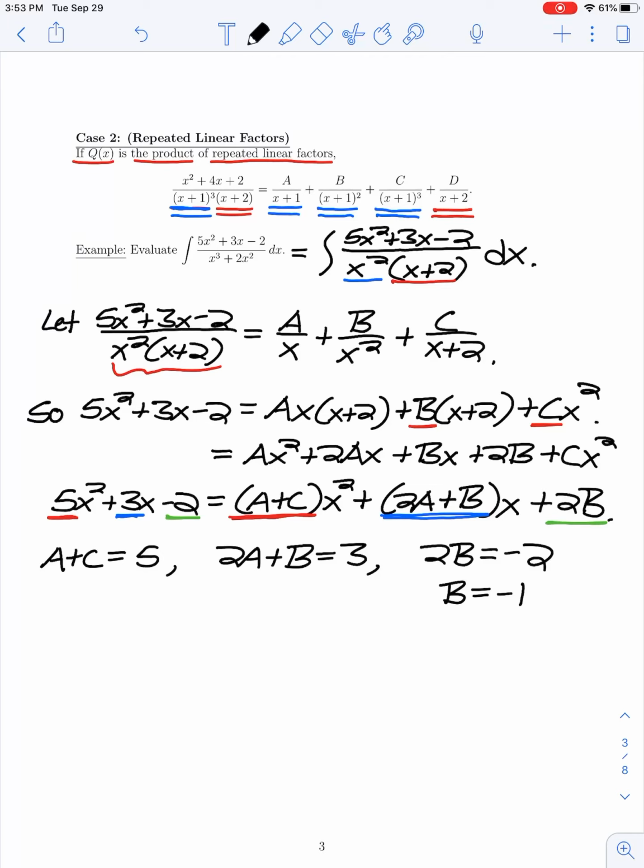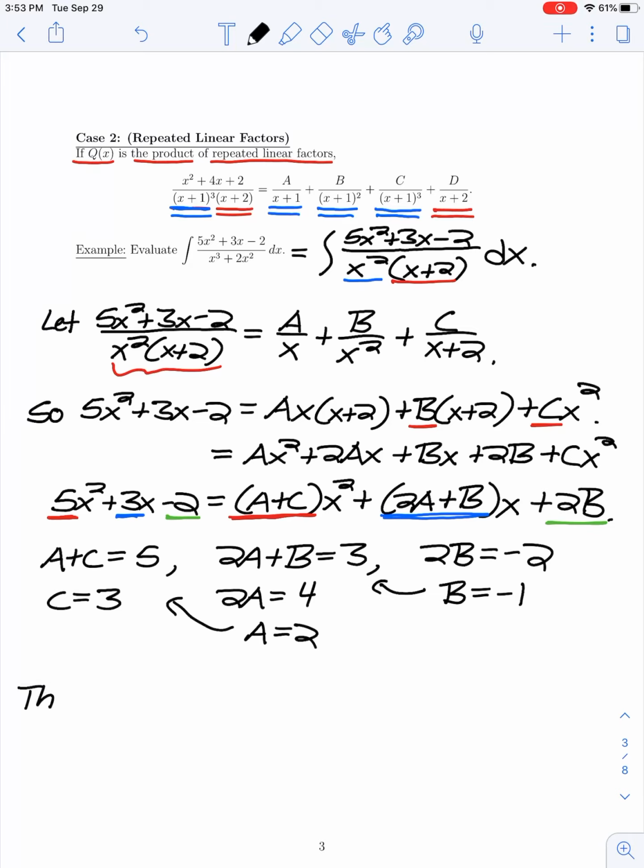And once I have b, I could substitute that into the second equation and solve for a. So if b is -1, I would have 2a is equal to 3 minus b, or 4, and it follows that a is 2. And once I have a, I could substitute into the first equation, and I would have 2 plus c is 5, so c would have to be 3.